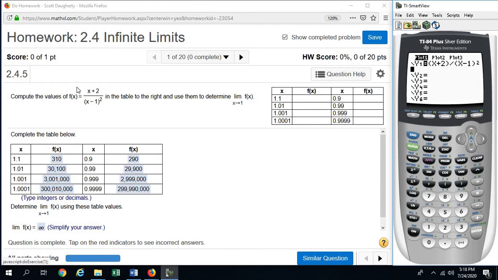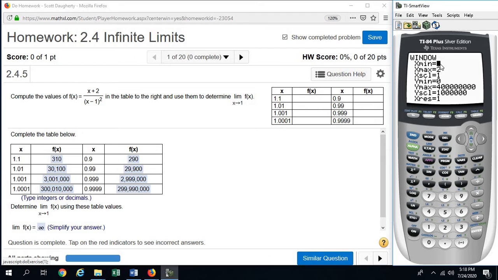Okay, and so now after you've entered the function into the calculator, you want to go to this calc button. Actually, before you go to the calc button, you should check your window. So press the window button. You may have to adjust your window here for your x values and your y values.